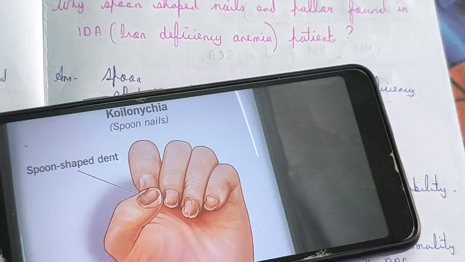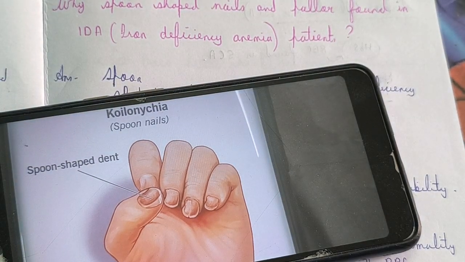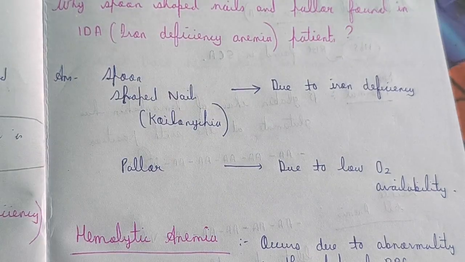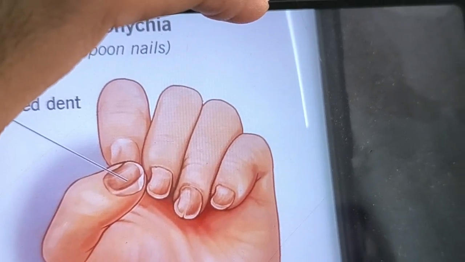You can see here the spoon-shaped nails. This is the normal nail, and in a normal nail the angle should be an obtuse angle, but in a spoon-shaped nail this angle is reduced.